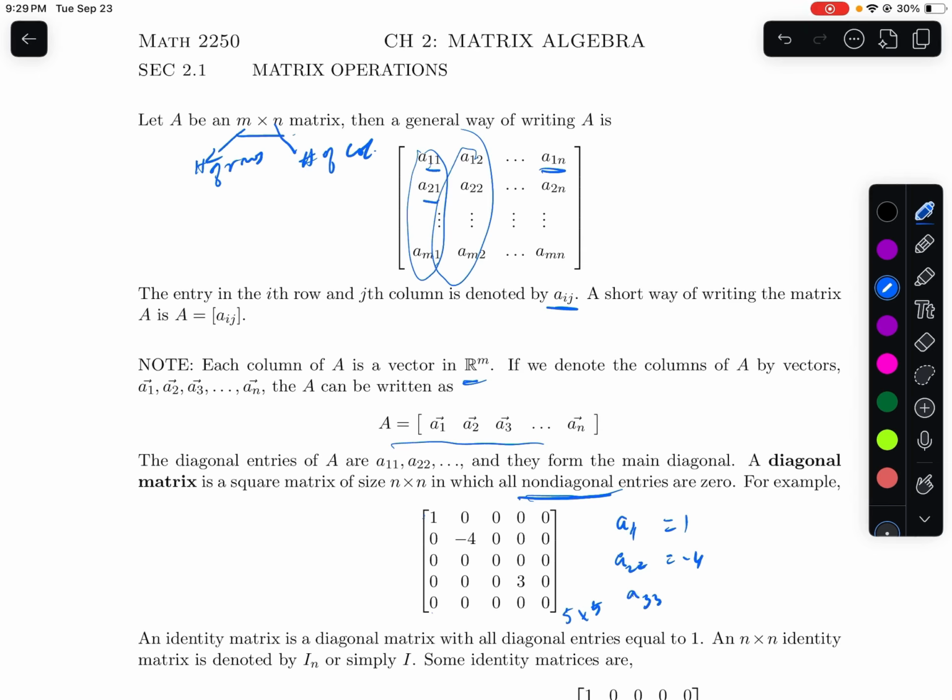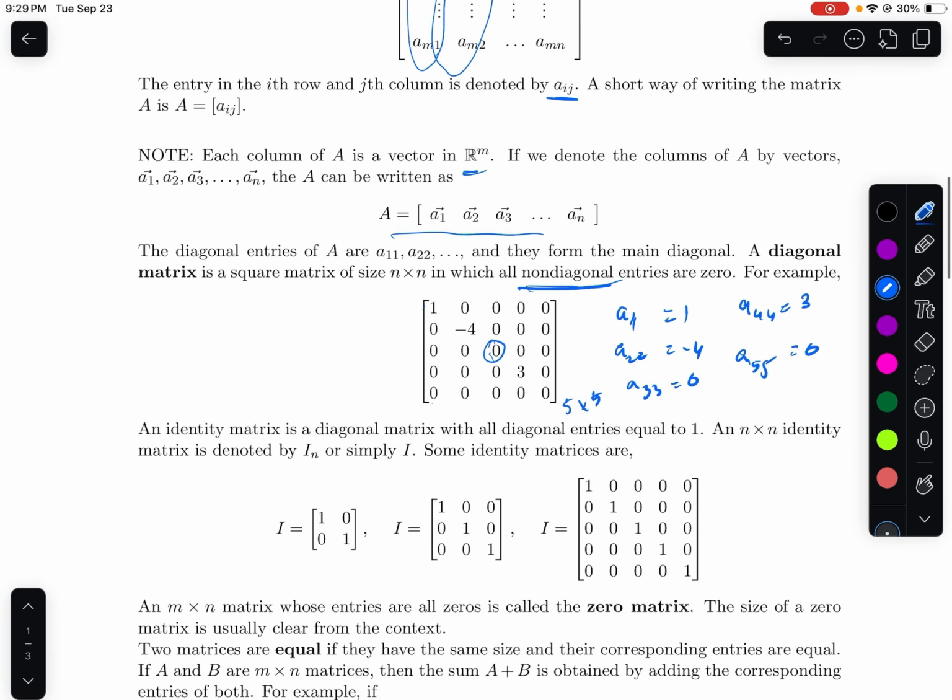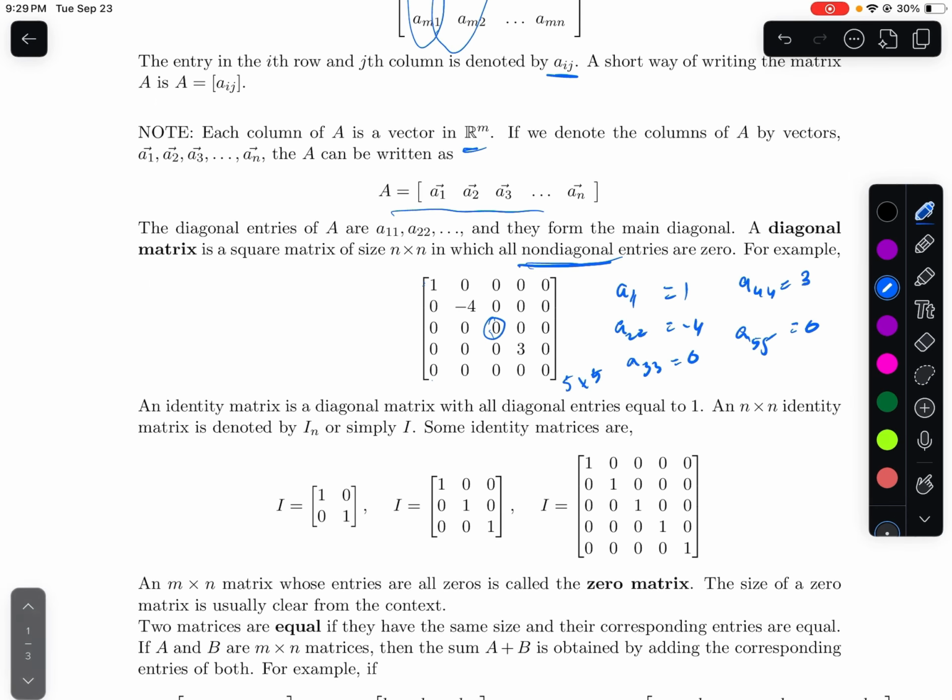This is a 5 by 5 matrix. a11 is 1, a22 is -4, a33 is 0, a44 is 3, and then a55 is again 0. So we can have some 0 entries, but not all of them should be 0, because then it would be a 0 matrix.